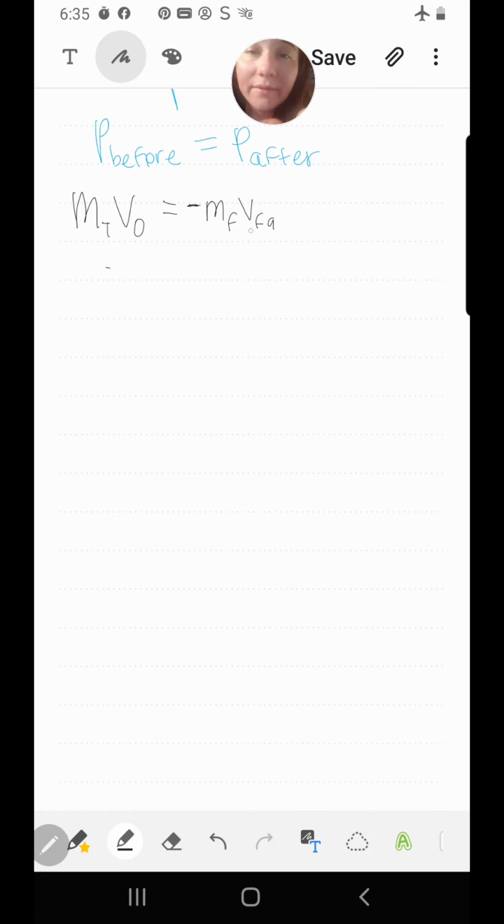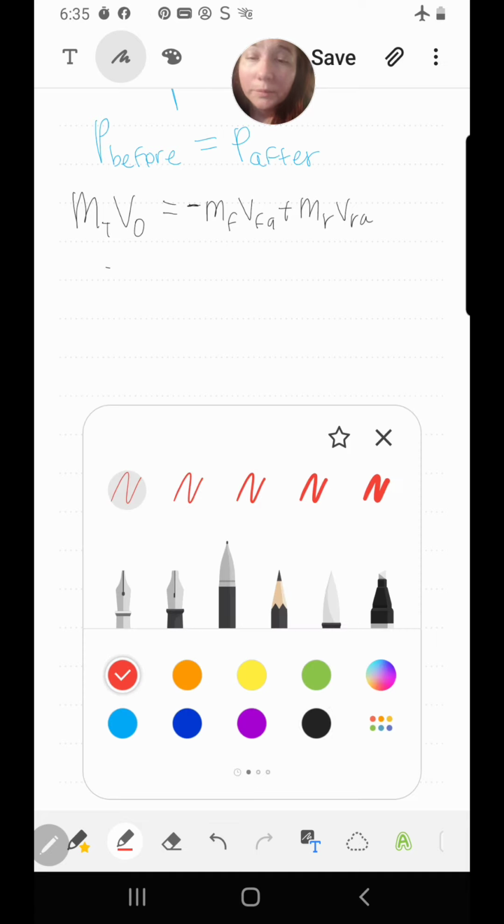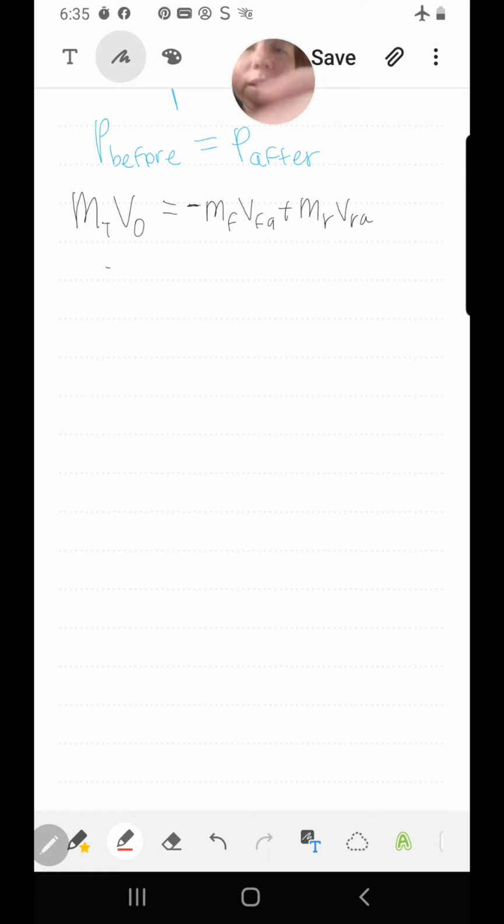Now I have this as a negative because the fuel is moving in the opposite direction as the rocket. Plus the mass of the rocket multiplied by the velocity of the rocket. Okay, so let's figure out what we can cancel out in this problem. We know that the initial velocity is 0, so this side is just 0.